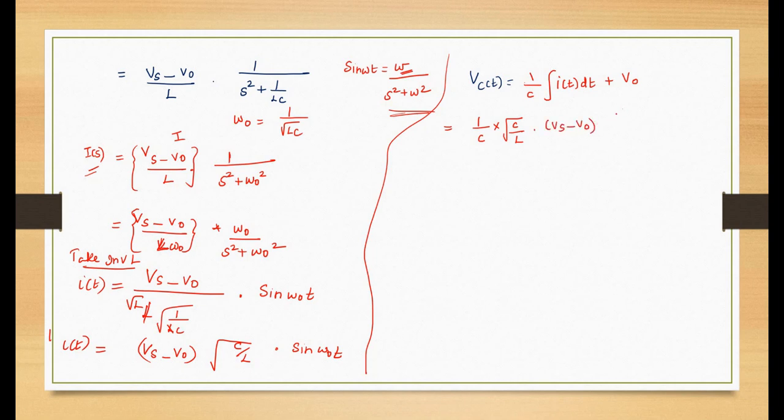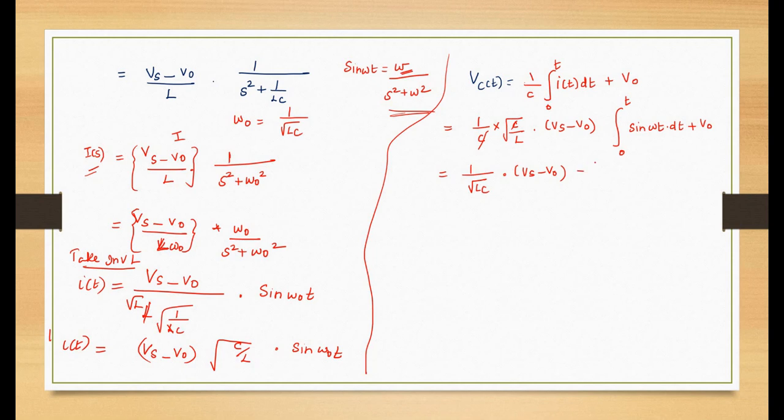These are constants. Then inside, put the integration, write the limits, sin omega t into dt plus V0. C and C get cancelled. So 1 by square root of LC Vs minus V0.